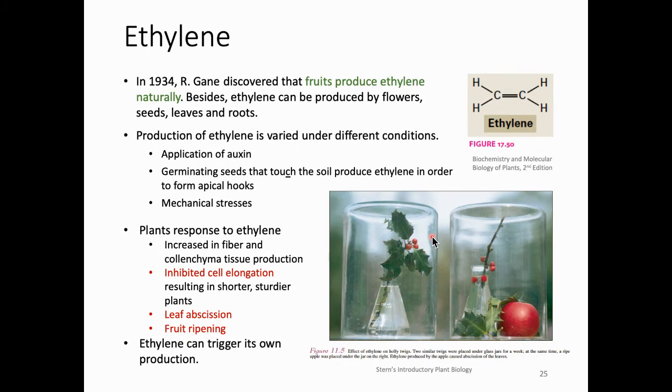Germinating seed that touches the soil can produce ethylene in order to form apical hooks. If you notice some of the pea plants, the young leaf will bend more like a hook, and that's promoted by the hormone ethylene.